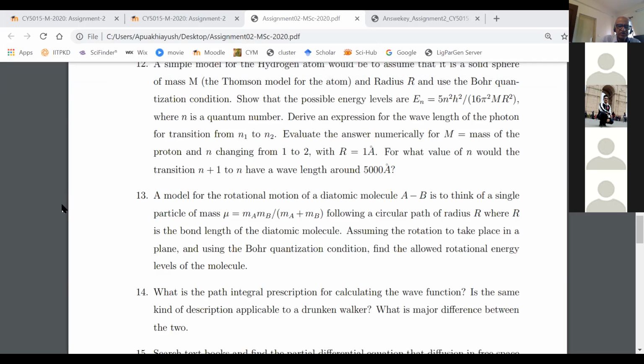All that you need to do is apply the Bohr quantization condition. First of all, you find the moment of inertia I. I is equal to reduced mass into the distance r square, distance square actually. And so you have the expression for the moment of inertia. Once you get moment of inertia, you follow the procedure in question number 12. And you will get the allowed energy levels.